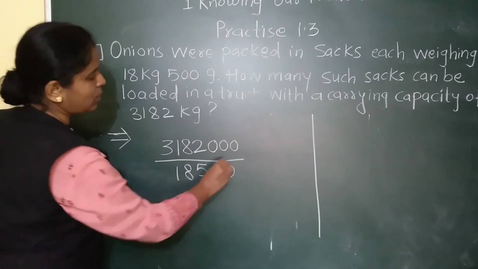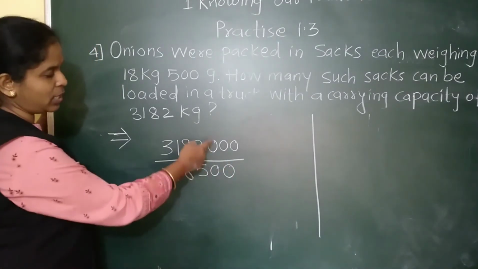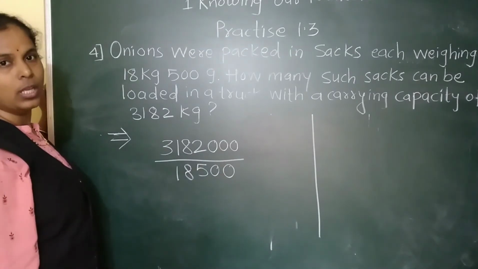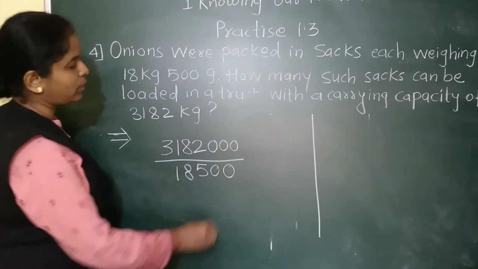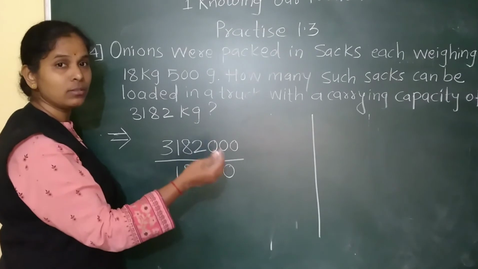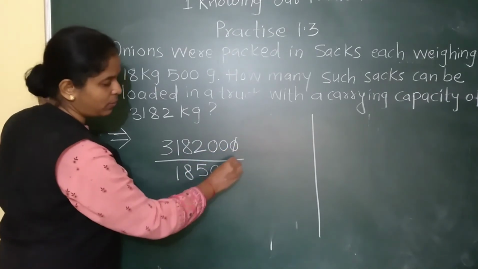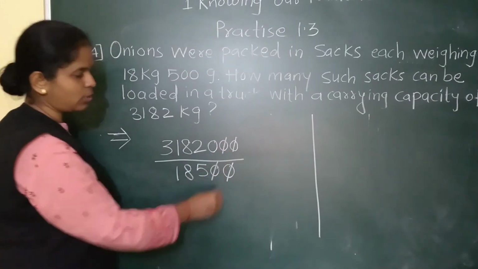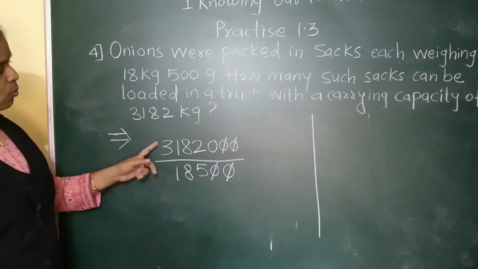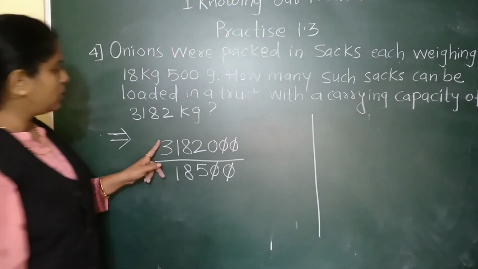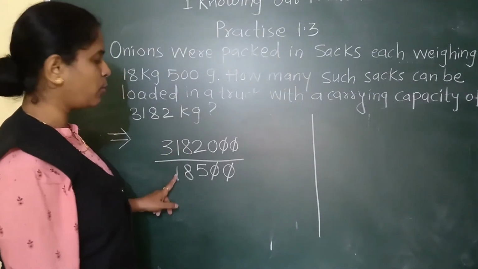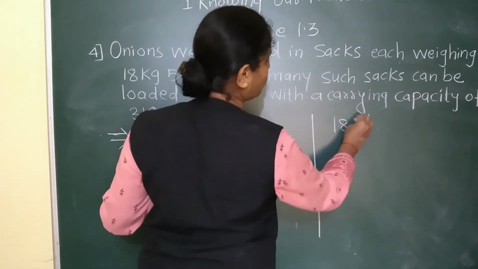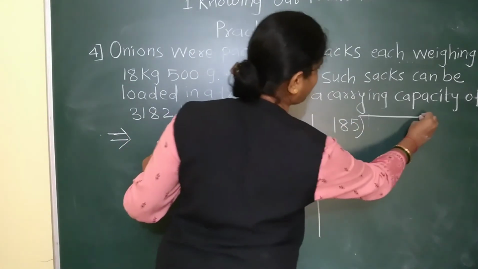Now what will we do? When such zeros are there in the numerator and denominator, then we can cut them. Okay, see here. Upper 1 0, down 1 0, we can cut. Again this and this also we can cut. So what remained?